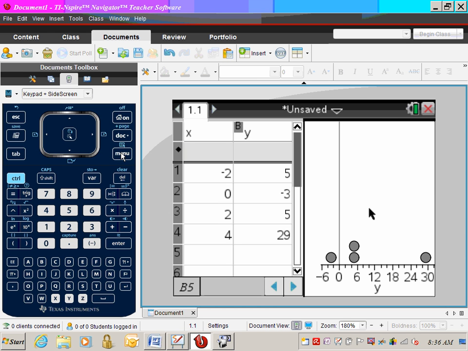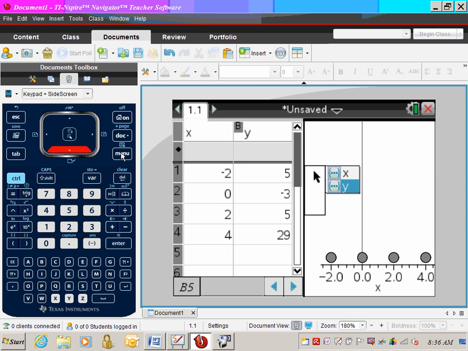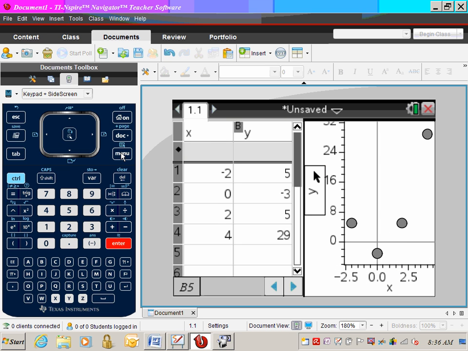Tab, X, tab, Y. Is that quadratic? Yep, that's quadratic.